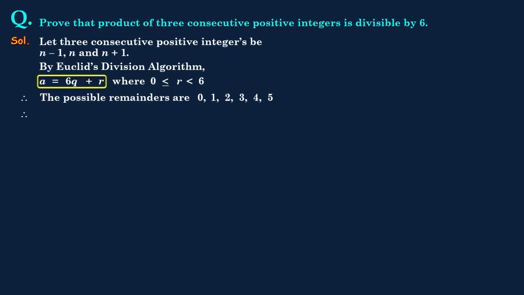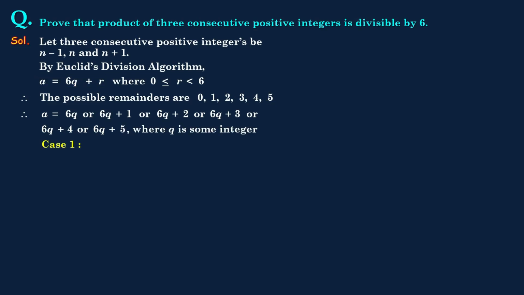So a equals 6q, or 6q plus 1, or 6q plus 2, or 6q plus 3, or 6q plus 4, or 6q plus 5, where q is some integer.